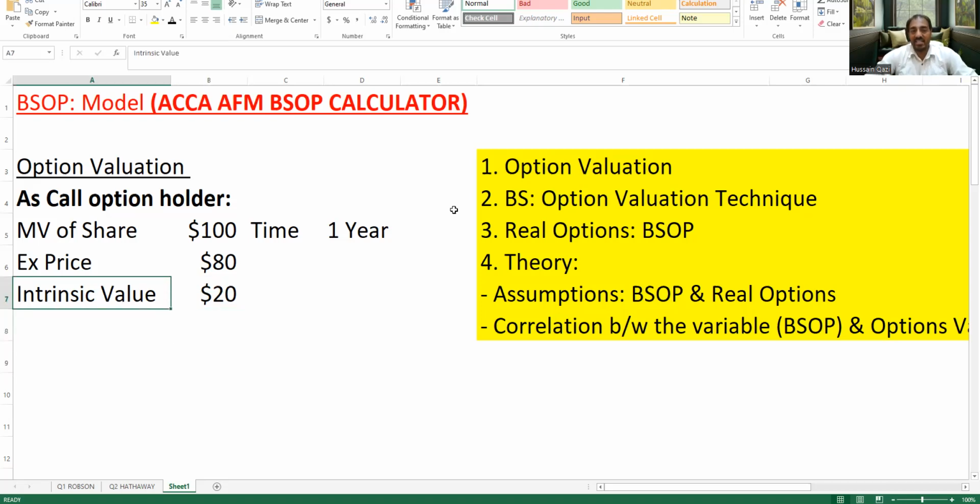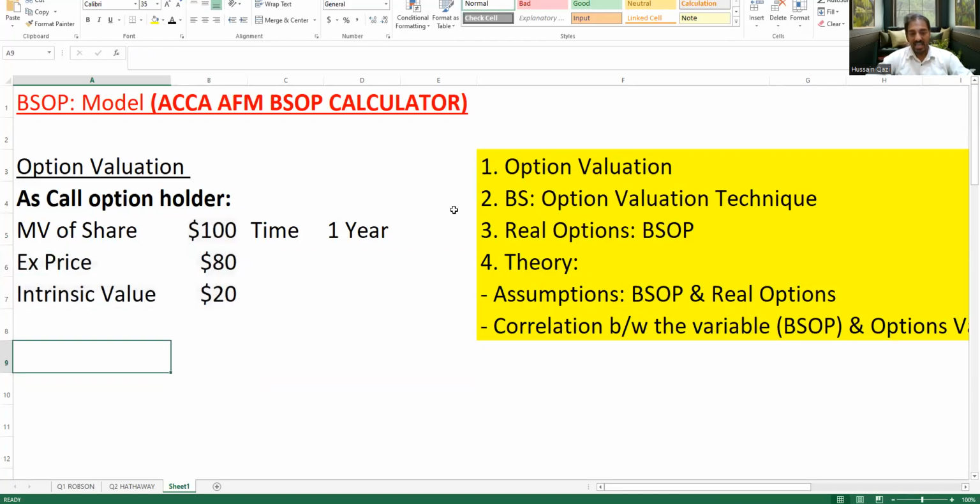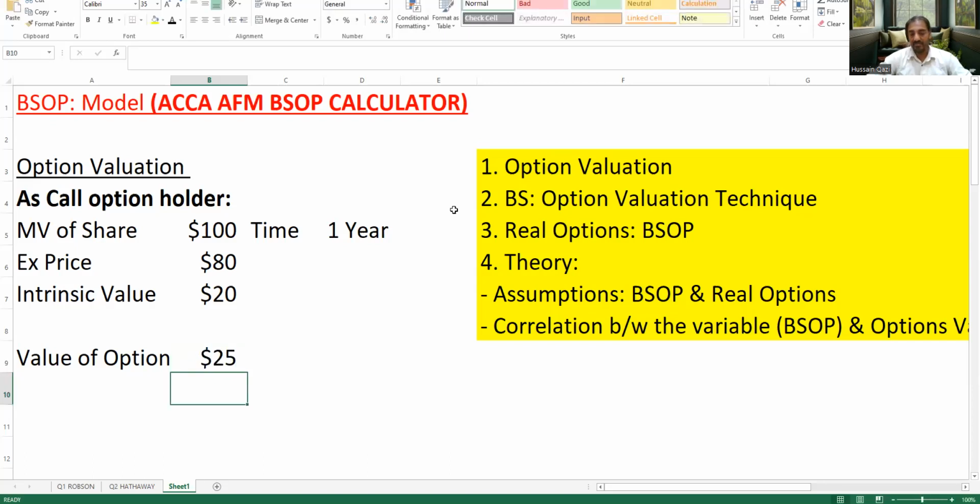But if someone says, sir, like the shares, this option is also tradable, and the value of the option in the market is, let's suppose, $25.